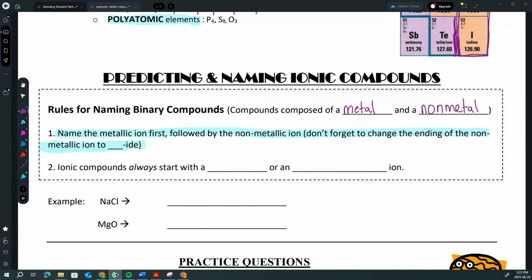Ionic compounds are always going to start with a metal or a cation, which is a positive ion.